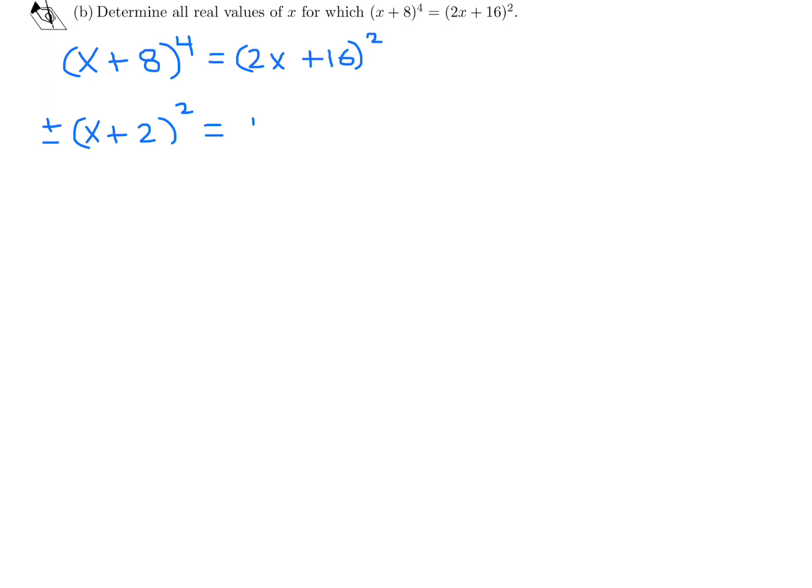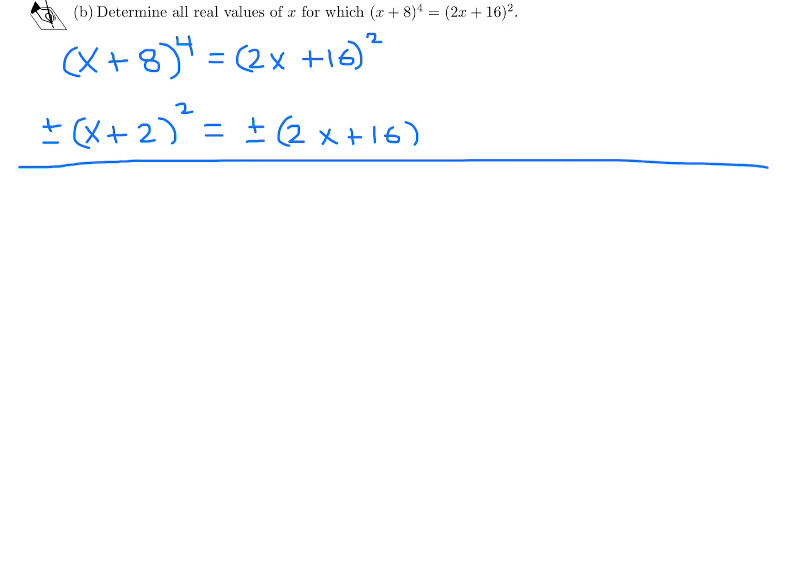So it'll be plus or minus on this side and plus or minus 2x plus 16. So it looks like we'll have 4 cases, but the good news is that 2 of them are identical. So the first one, of course, is x plus 8 is equal to 2x plus 16, and that's just the one where they're both positive.